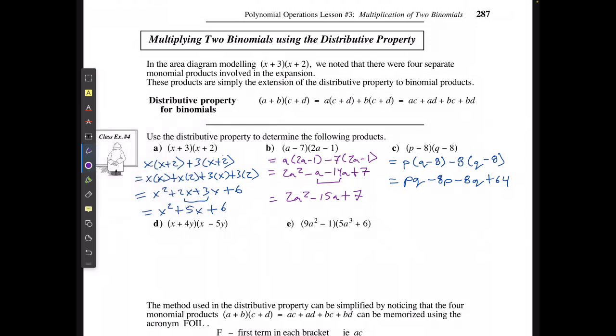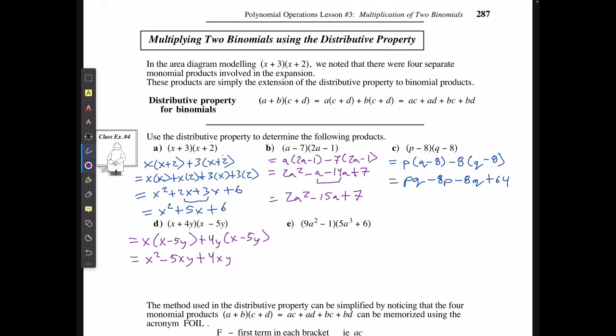When I get to example D, same process. I have x multiplied by (x minus 5y), and I have positive 4y times (x minus 5y). X times x gives me x squared. X times negative 5y gives me negative 5xy. 4y times x gives me positive 4xy.